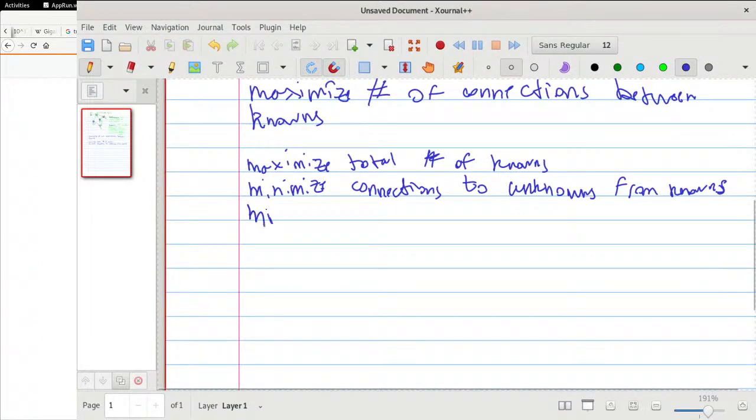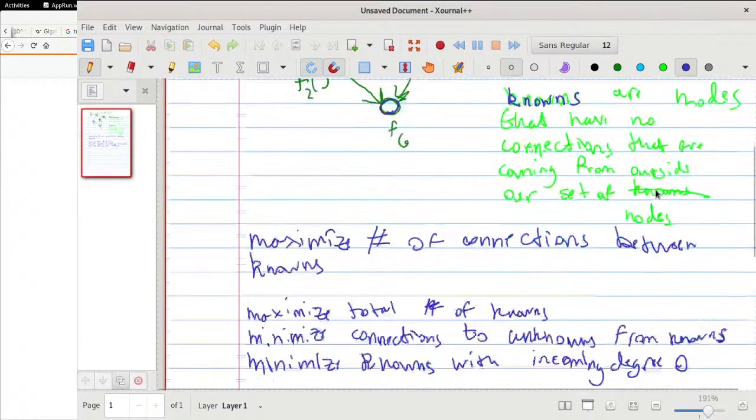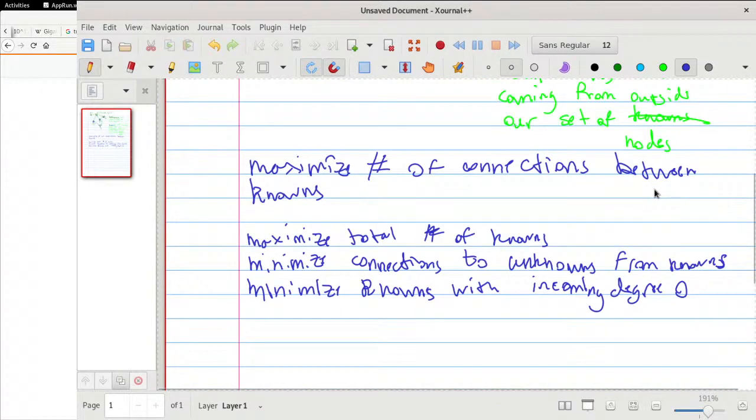So we also want to minimize knowns with incoming degree 0.